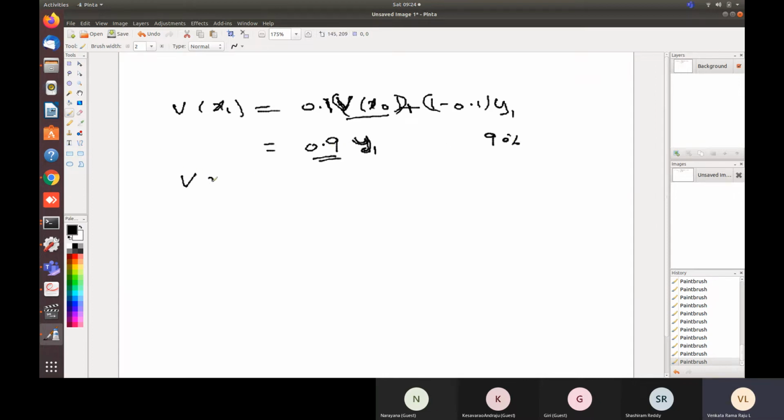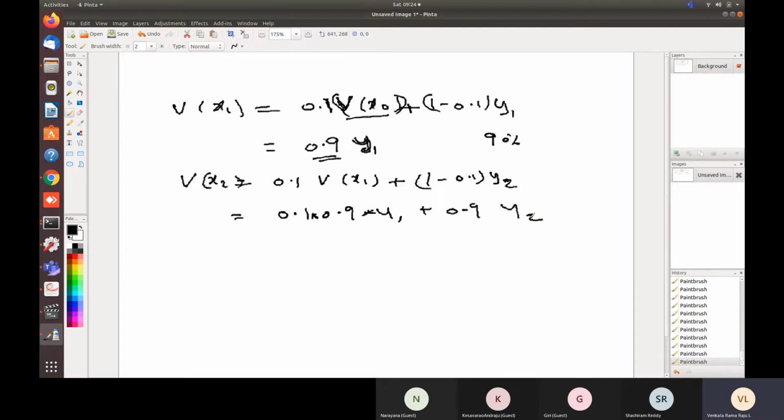V of x2 is equal to 0.1 into V of x1 plus 1 minus 0.1 into y2. This is y2. It's going to be 0.1 into V of x1, which is 0.9 into y1, plus 0.9 into y2.